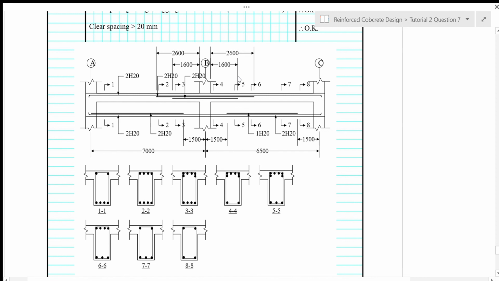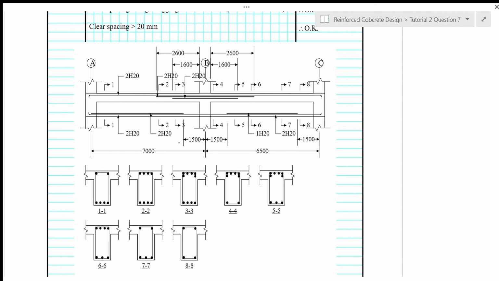But this beam is a continuous beam of equal span, so we only need 25% here. 25% of 6H20 is approximately 1.5 bars. We have 2 bars here, so it's okay. You cannot provide 1.5 bars. You have to have whole numbers for your steel bar number.